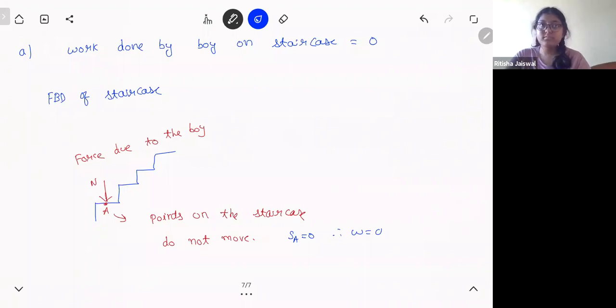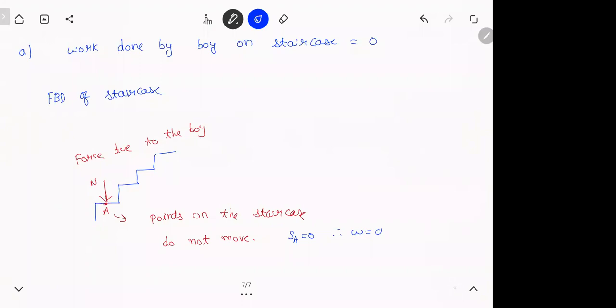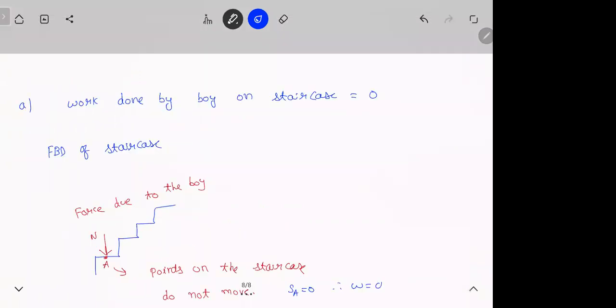Next thing. The work done by staircase on man or boy. Now look at this thing.